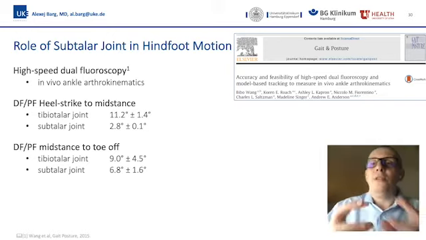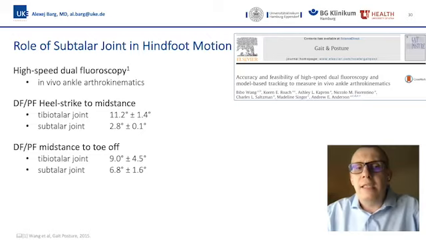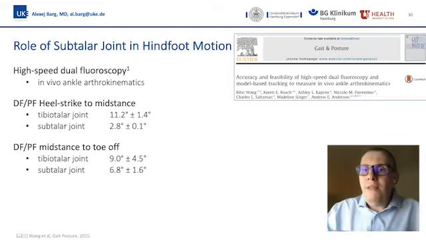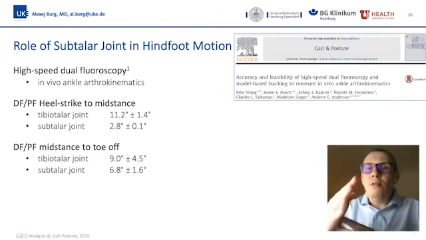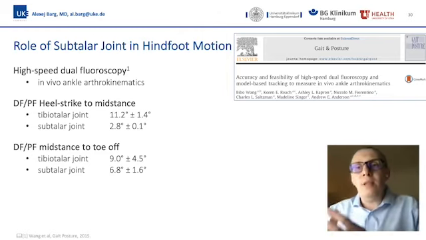process, so you can't include more than 10 patients because there are not enough undergraduates you can hire for this job. For me, it was very surprising that the subtalar joint is contributing a lot to plantar flexion and dorsiflexion, because what I learned is that dorsiflexion and plantar flexion come from the ankle joint, and those movements come from the subtalar joint.